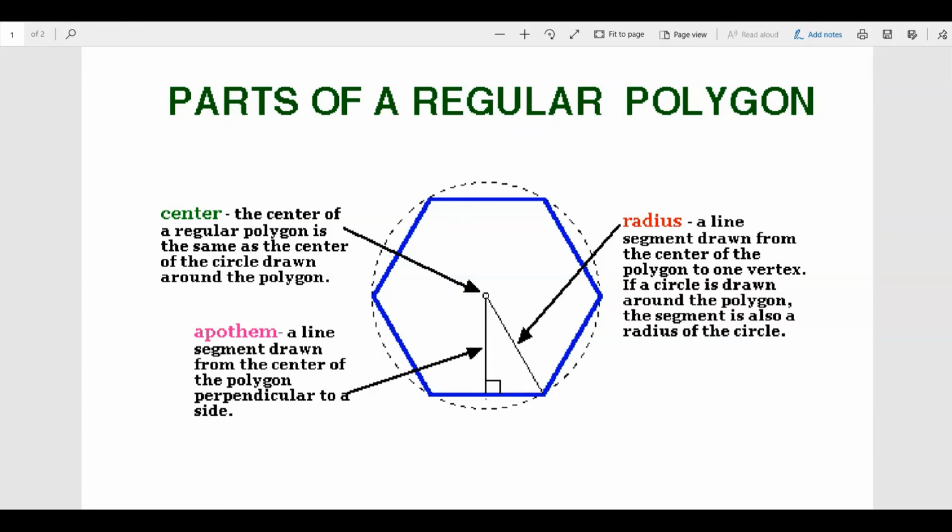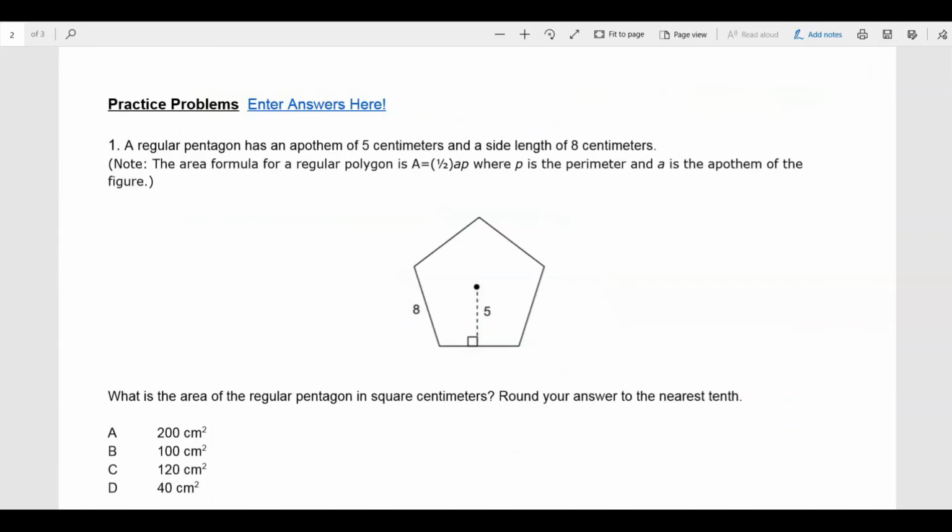So the important pieces of information we will need for this assignment are your apothem and your side length, because your side length tells you how to find your perimeter. All right, so number 1, we have a regular pentagon. Regular means, just as a reminder, all sides are equal, and also the interior angles are congruent as well.